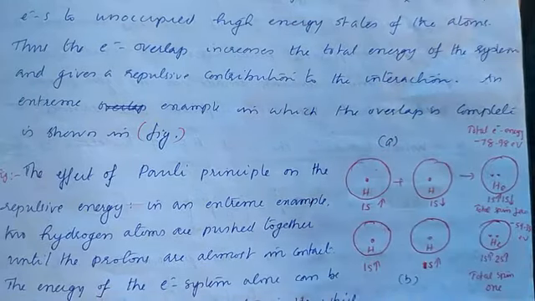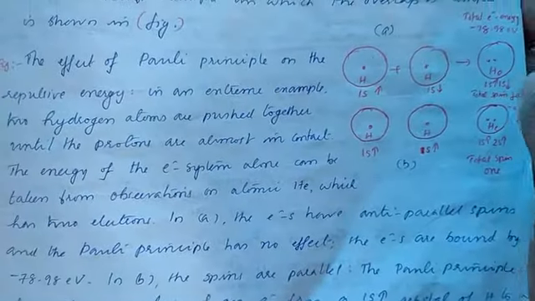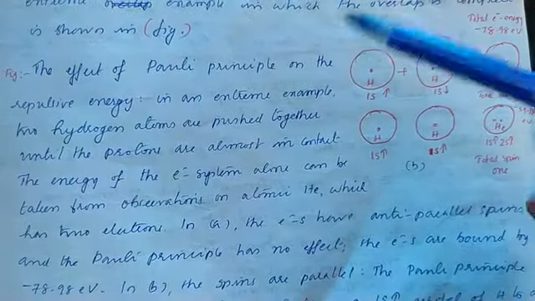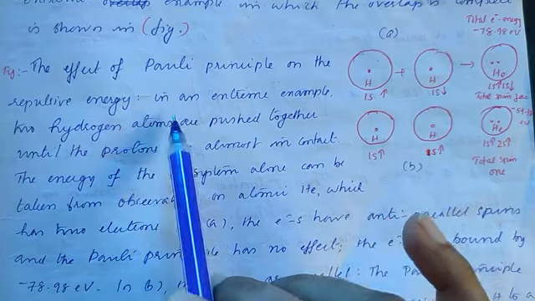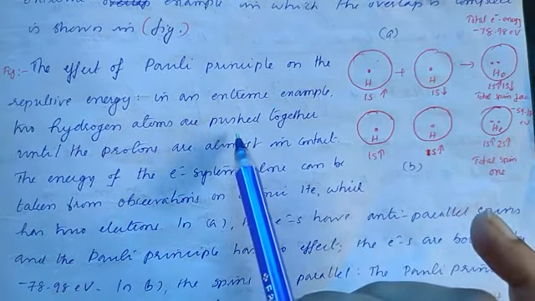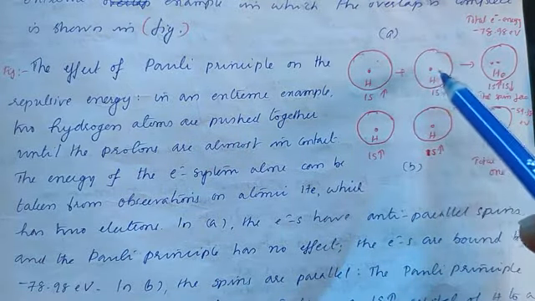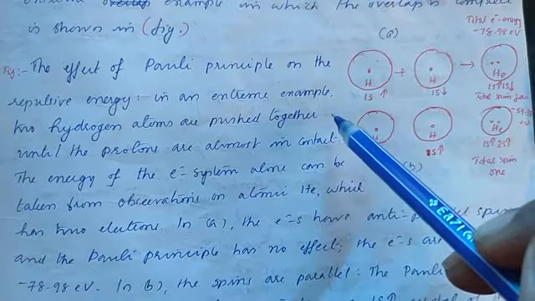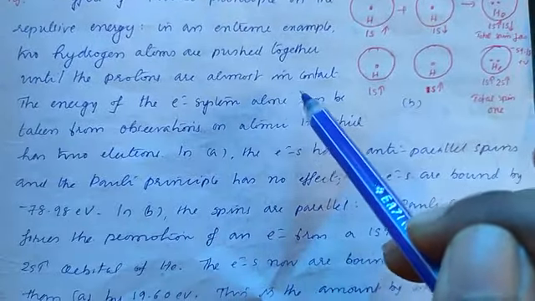An extreme example in which the overlap is complete is shown in the figure here. Here is the effect of Pauli's principle on the repulsive energy: in this extreme example, I have shown one hydrogen atom and a second hydrogen atom, pushed together until the protons are almost in contact.